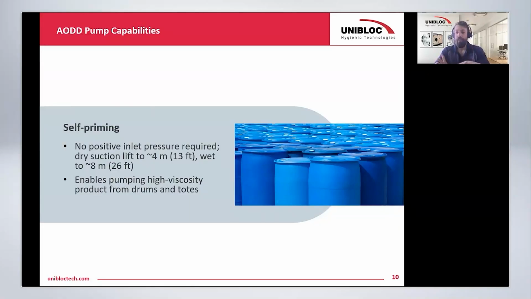With that standardized format for selling products, an AODD is a great pump to get the product out of those drums. On top of it, while working with thinner products like waters or oils, AODDs can handle highly viscous products as well.